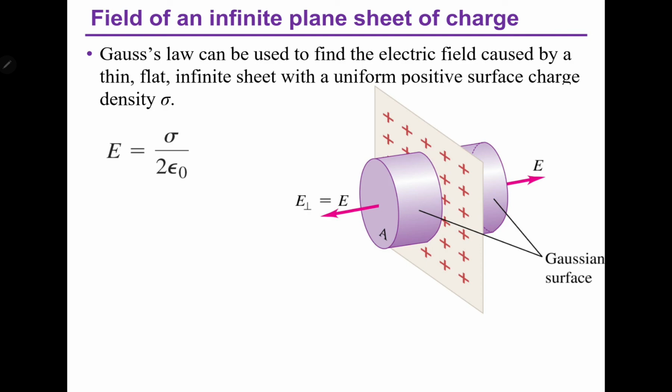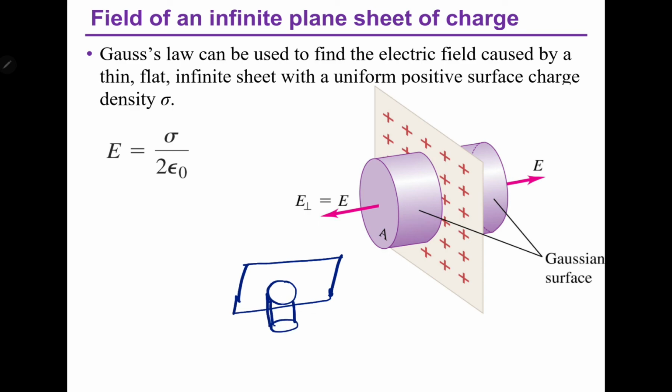Okay, field of an infinite plane sheet of charge. This is an infinite plane sheet, like a regular paper. If charge is distributed in two dimensions, like in paper, then a Gaussian surface can be drawn like this one, something horizontal like this, going up here and down there.